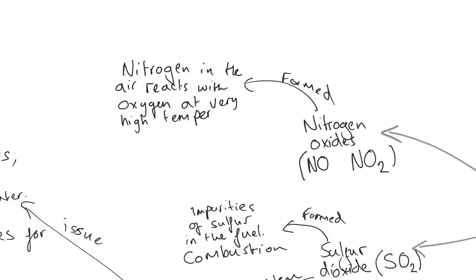This actually happens in cars. In the engine of cars, that's why they get very hot, the nitrogen in the air can react with the oxygen to form nitrogen oxides.